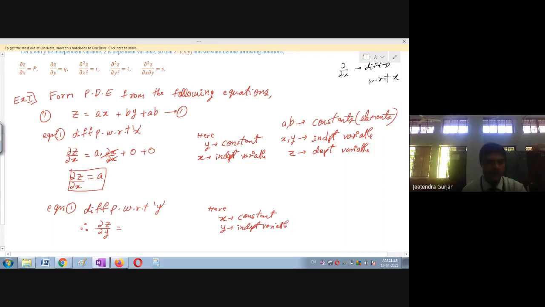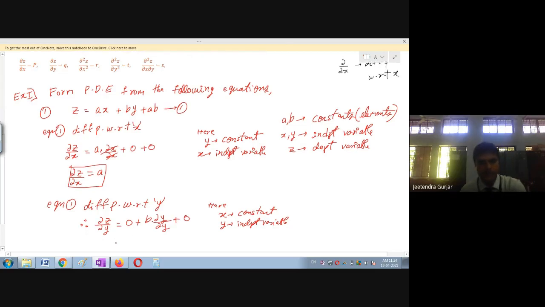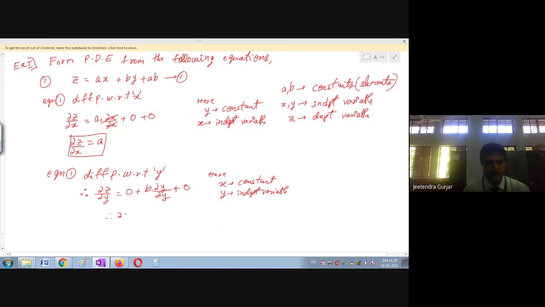Please remember, x automatically will become constant, so its differentiation will become 0. So this is 0 plus b into dou y upon dou y plus, this is again constant, a and b are constants, therefore this is going to become 0. So dou z upon dou y will become b. So dou y will get cancelled. Therefore everyone got the same answer.